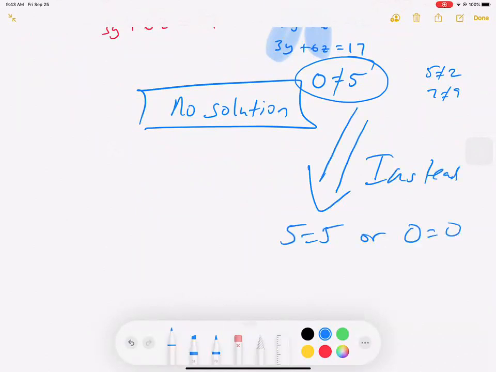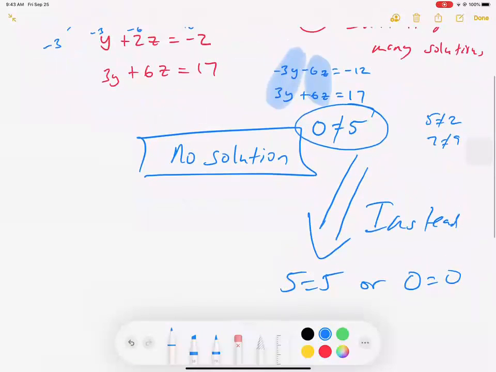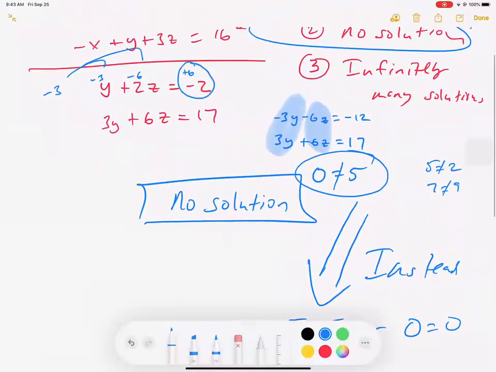Are these true statements? What did I get, negative 12? I'm sorry. Oh my gosh. You're right. It should have been 6. I don't know why I wrote that. Negative 3 times 2 is negative, so positive 6.